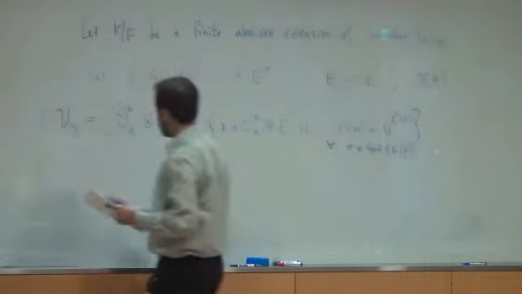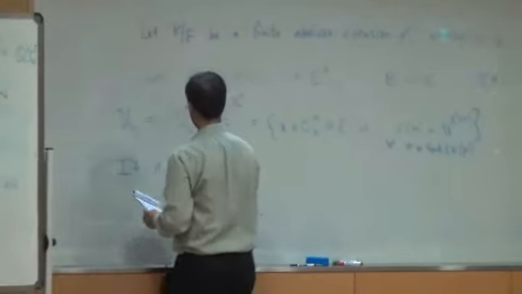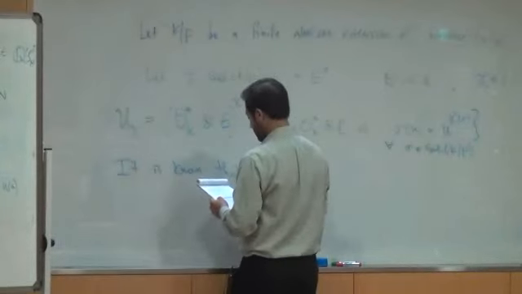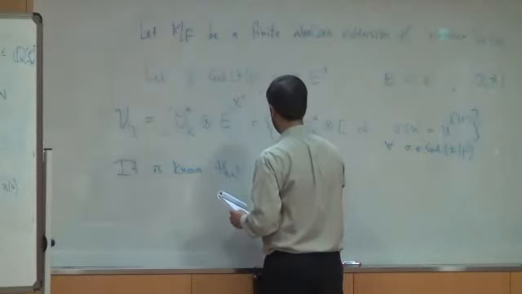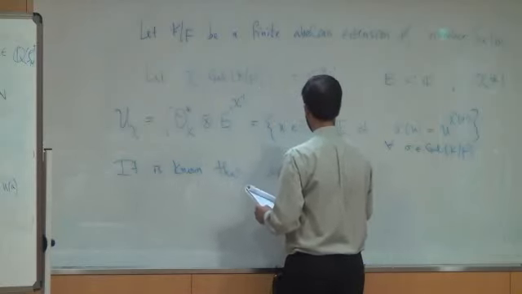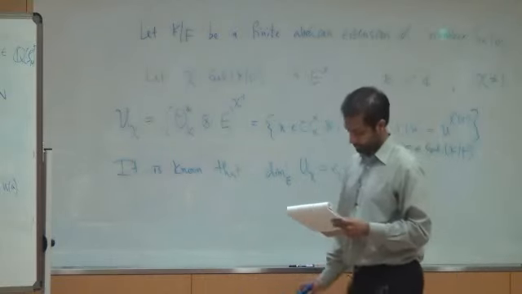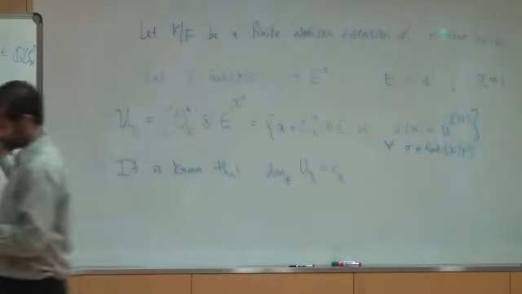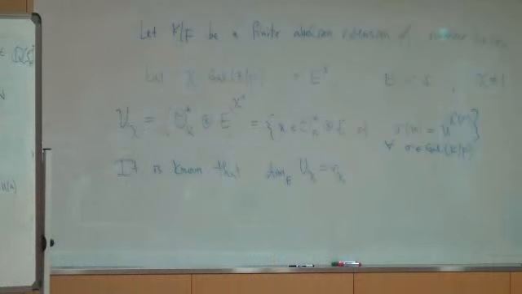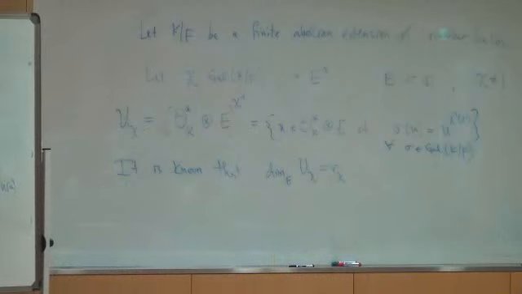Okay, so it is known that the rank of this group, or I should say the dimension as an E vector space of this U chi, is the thing that I wrote down to be R chi before. So now we're going to take a basis of this E vector space.